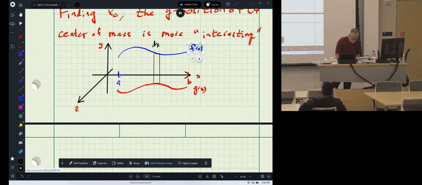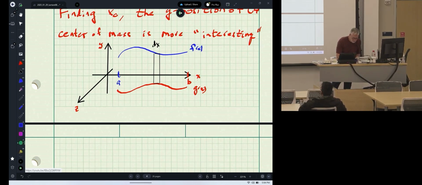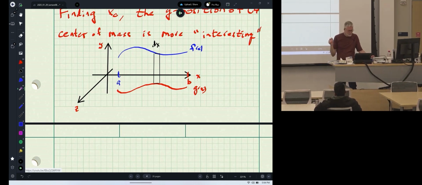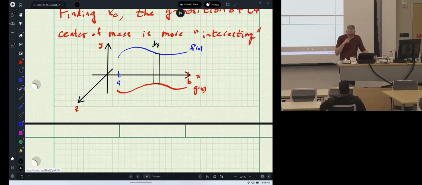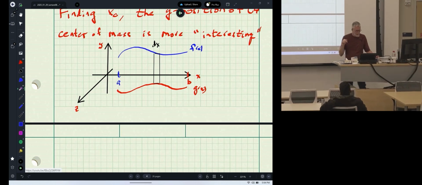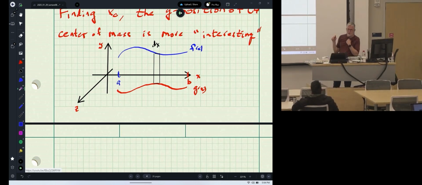This is infinitesimally thin, so everything here is the center in that direction. But in the y direction, where is the center of that rectangle? It's in the middle. And what is the formula for the middle, given the top is f and the bottom is g? So it's f minus g divided by g.